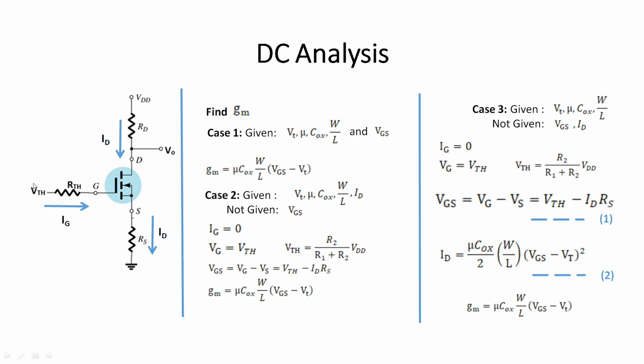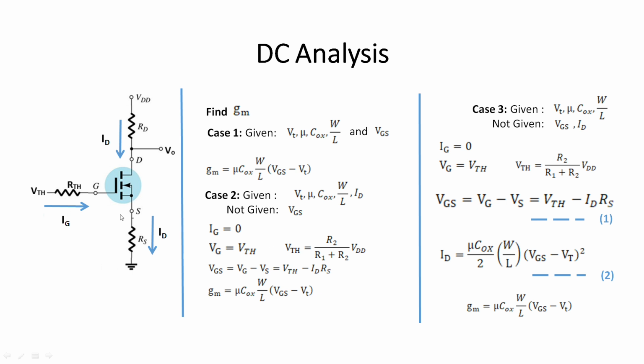So the whole Thevenin's equivalent potential VTH will appear across the gate terminal. So VG equals VTH, and we have already found the Thevenin's equivalent potential VTH equals R2 by R1 plus R2 into VDD.